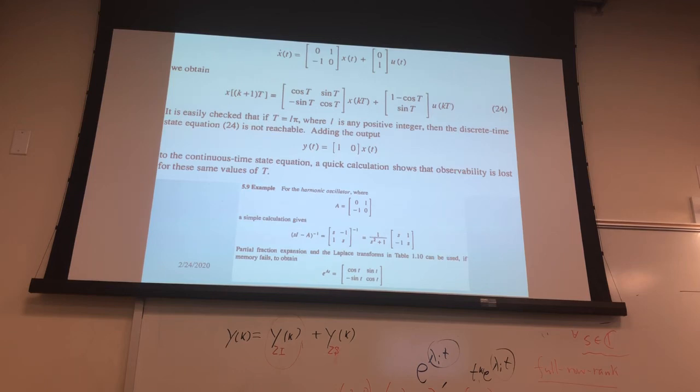If capital T is wrong, your T is chosen by you, right? You choose the T. If the T is not right, this is not controllable, not reachable.